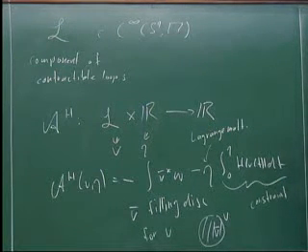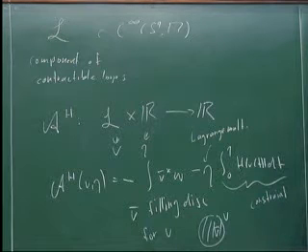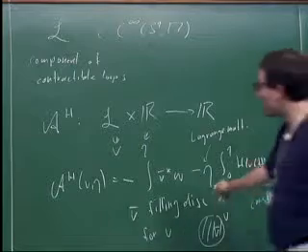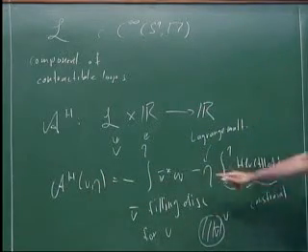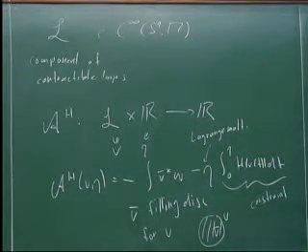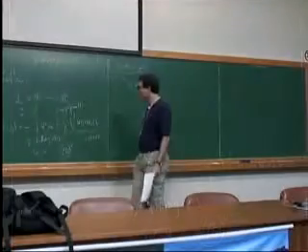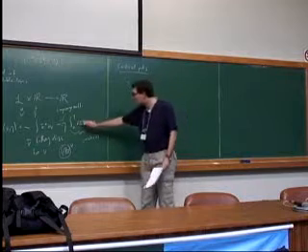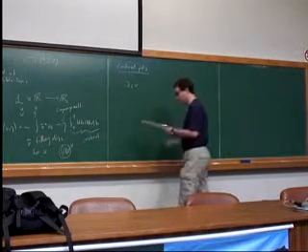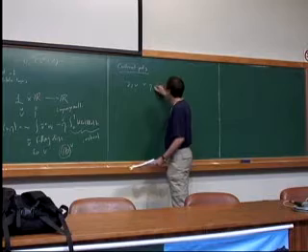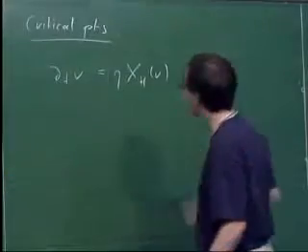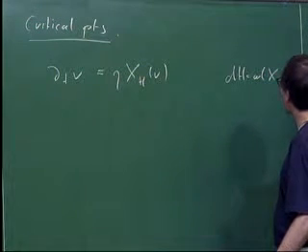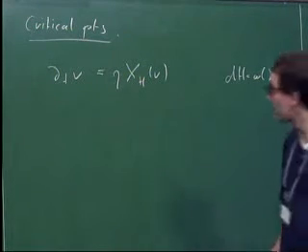So what are the critical points? If we differentiate with respect to the loop, we differentiate the first term and get the derivative of v, and if we differentiate the second term, we get minus eta times the Hamiltonian vector field of H. So this equals minus eta X_H(v), where this is the Hamiltonian vector field, implicitly defined by the following equation.